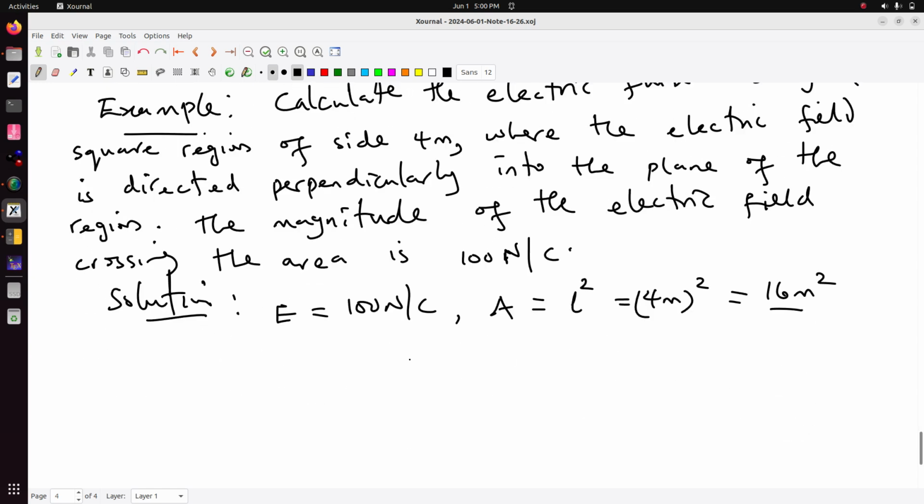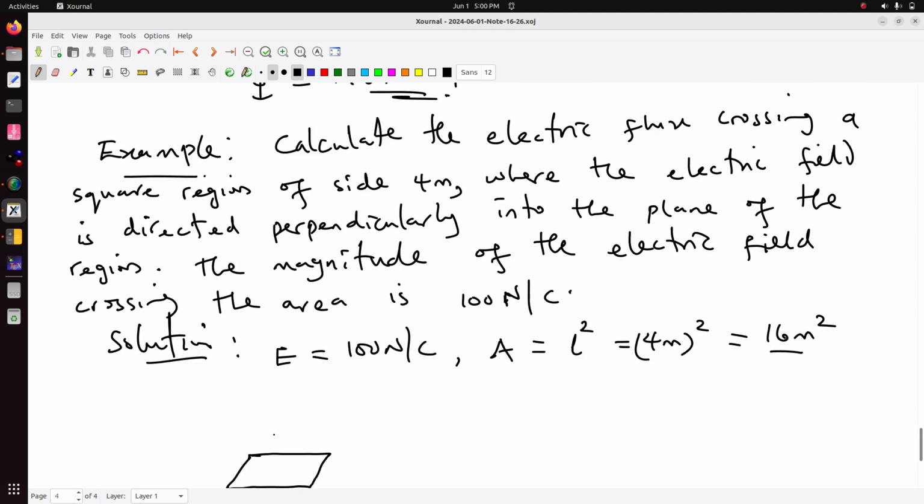So our job is to calculate the electric flux. How do you determine the electric flux in this case? Again, it is a square. So let's say this is the surface. We are told that the electric field is directed perpendicularly into the plane.